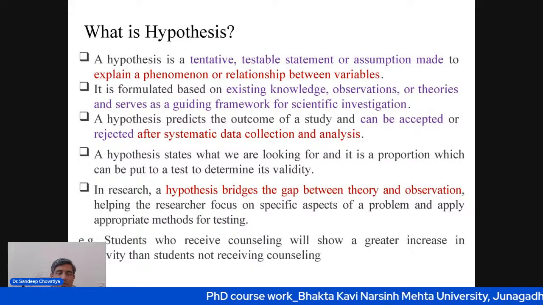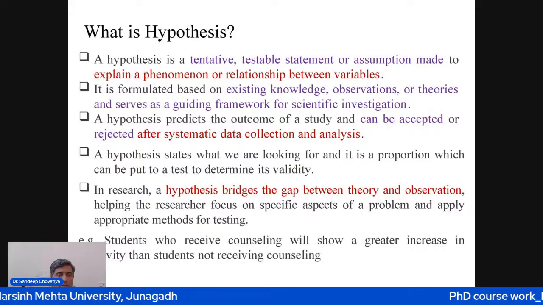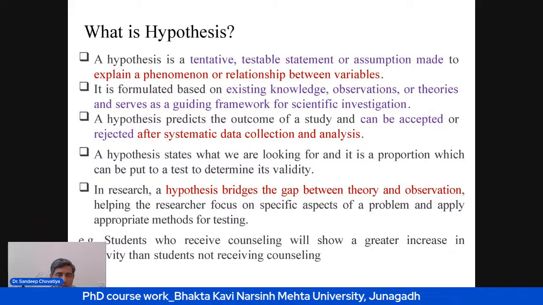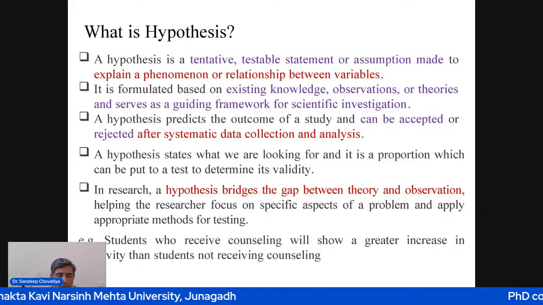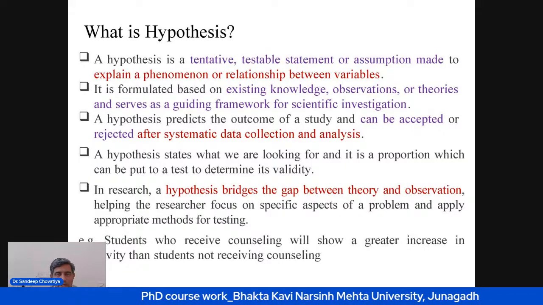Next, whatever existing knowledge, observations and theories we have serve as a guiding framework for our scientific investigation. Like the example of fertilizer, irrigation and crop improvement. We have certain knowledge: if we give fertilizer to the crop, then definitely the crop yield improves.